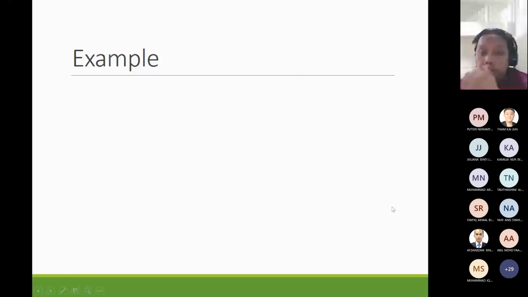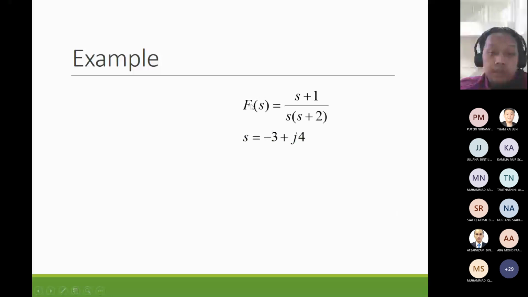Okay, so this is an example. Let's say you are given F(s) equals (s plus 1) over s times (s plus 2). And then you are given a point s equals minus 3 plus j4.